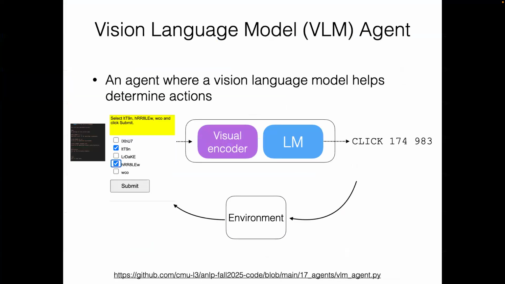So then we could consider using a vision model to receive this screenshot as input. Here, the model is potentially getting different information, right? It's no longer getting this JSON representation of the page.